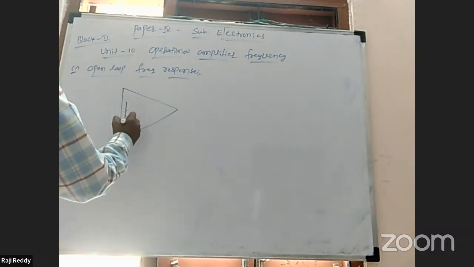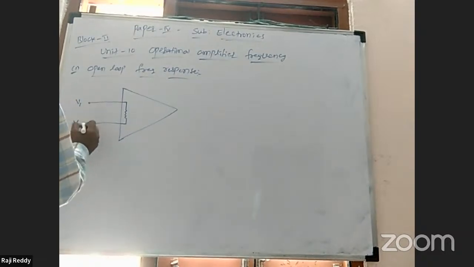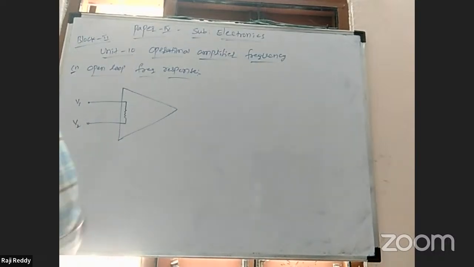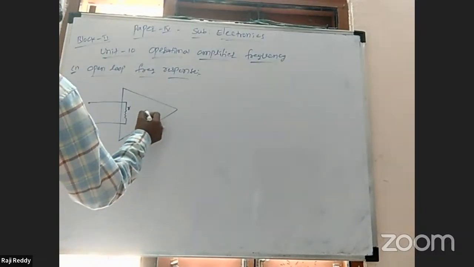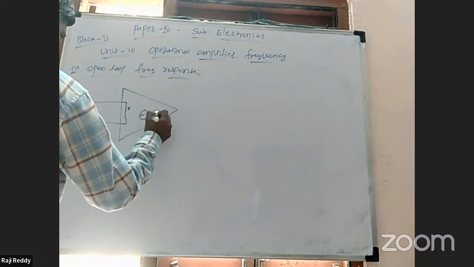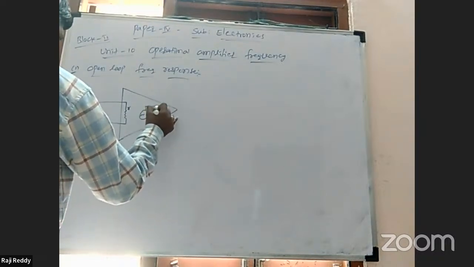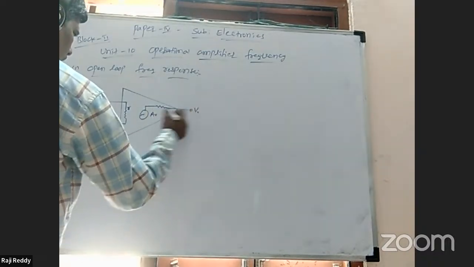This is the input resistance. One input is V1, the other input is V2. Input resistance is small r. Here is the voltage gain, that is AV. Here is the output resistance, connected across the output terminal.